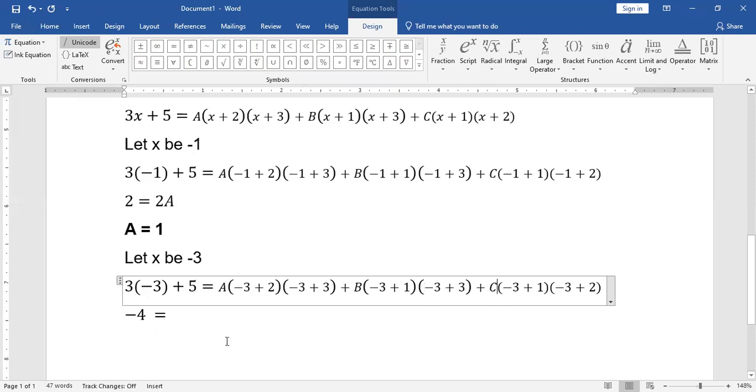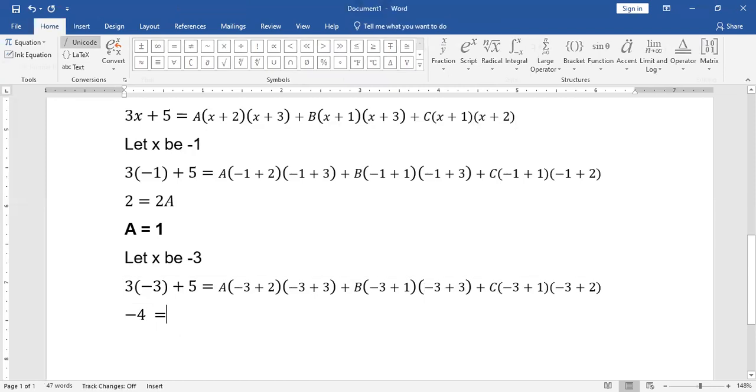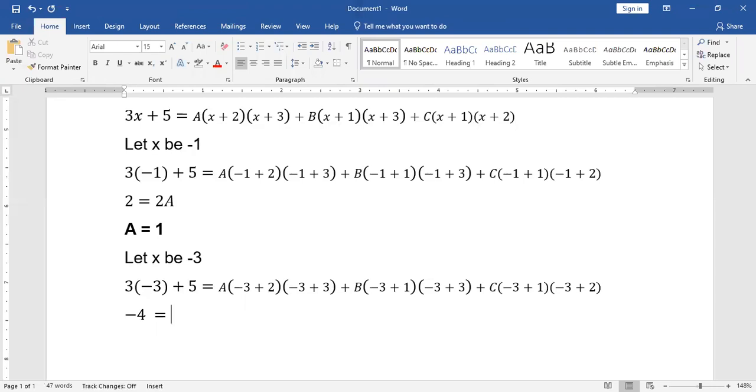Now here there is something new. We have negative 3 plus 1. Negative 3 plus 1 will give us negative 2. Multiply by negative 3 plus 2, which gives us negative 1. Negative 1 multiplied by negative 2, which we found here, it shall be 2.